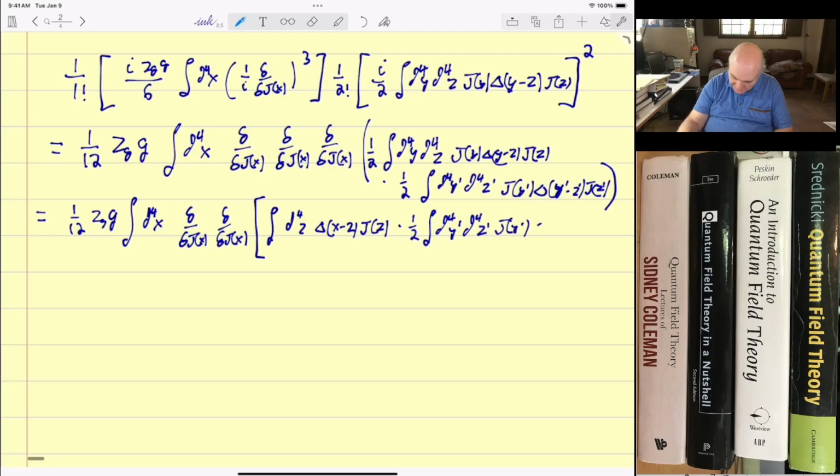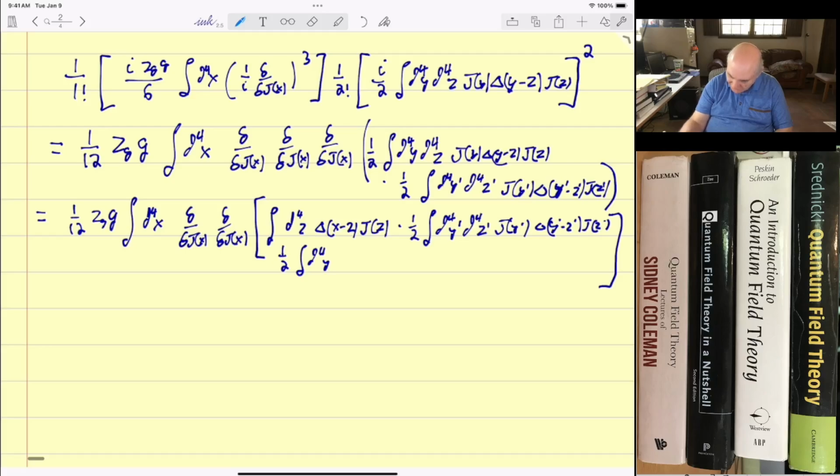I'm going painfully slow here because I know some people haven't seen these functional derivatives before. Now we need to do the second term. So we write down the first term, 1/2 the integral of d4y d4z j(y) Δ(y minus z) j(z). And it should be obvious, the first term and the second term are the same thing. They're just written with different variables.